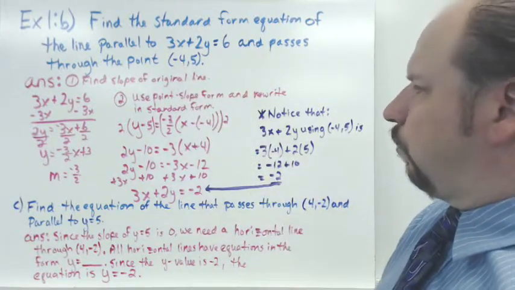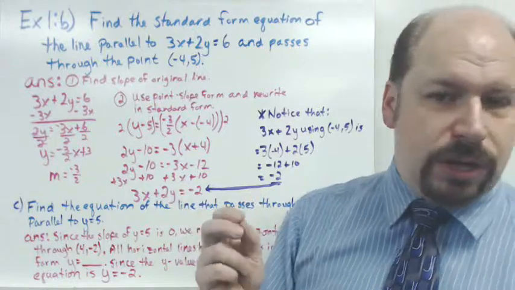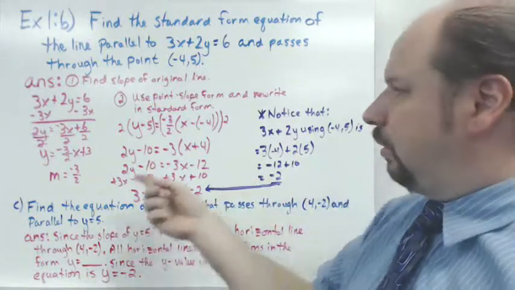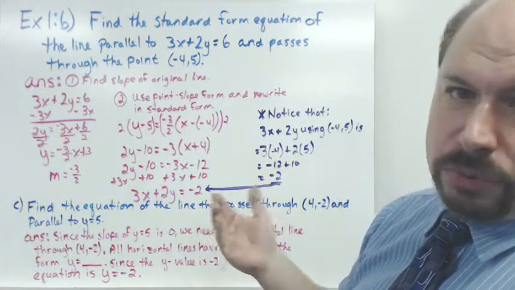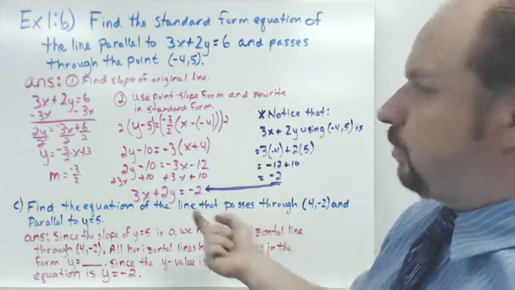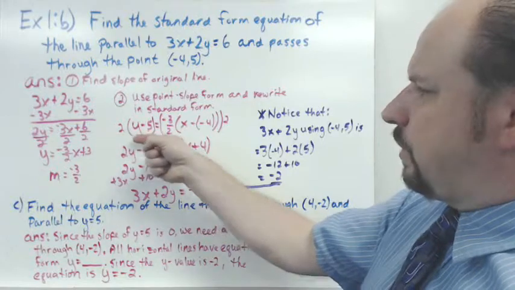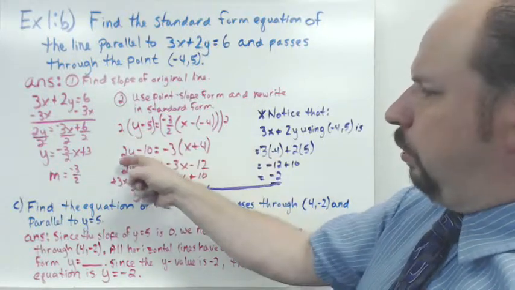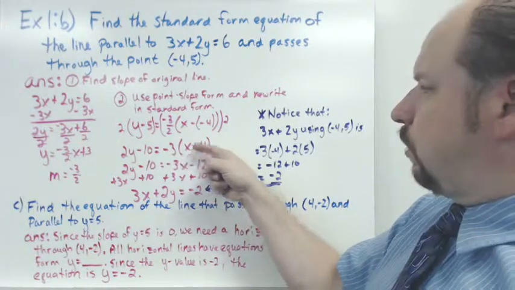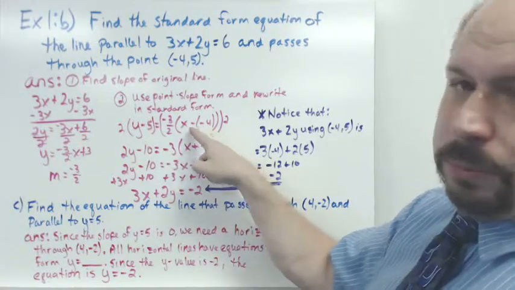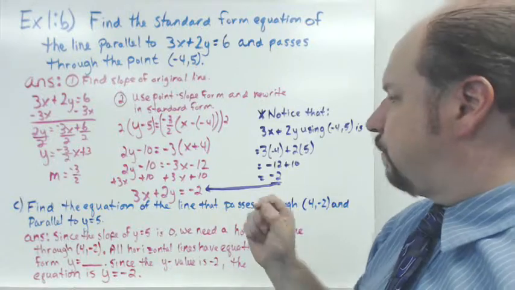Now remember that trick we talked about. To get rid of the denominator of this fraction here, we just multiply through by whatever that denominator is, in this case 2. So multiplying both sides by 2, we get 2y minus 10 equals negative 3 times the quantity x plus 4. And remember, this minus and negative just means plus.